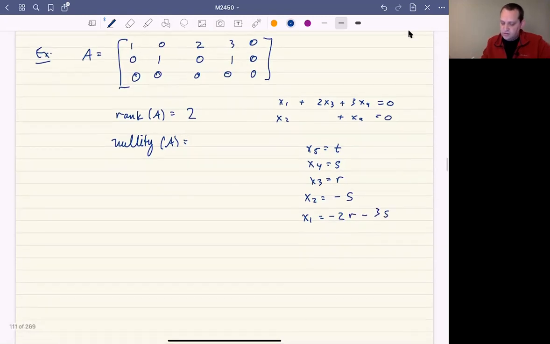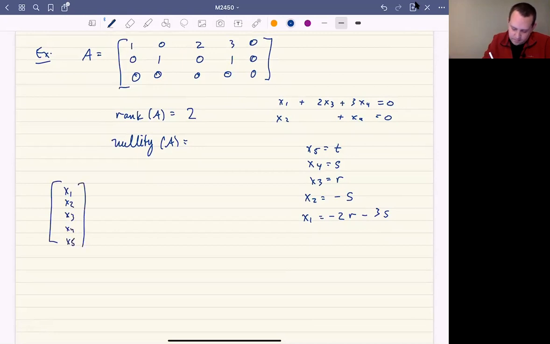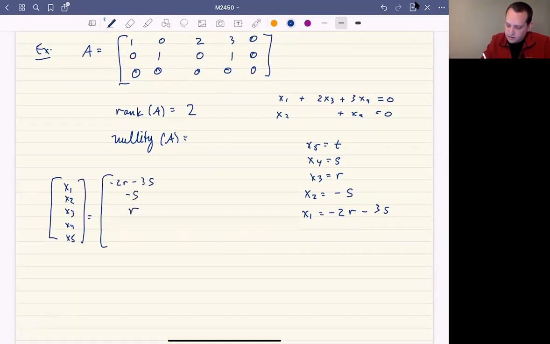And so it turns out that our solution set, the null space in other words, the solution set to Ax equals 0, is going to look like this. We're going to look like x1, x2, x3, x4, x5. And that's going to be, we might as well just write it out. It's going to be negative 2r minus 3s, negative s, r, s, and t.